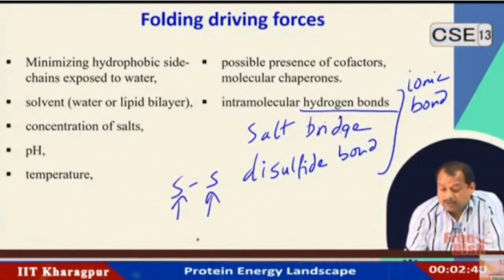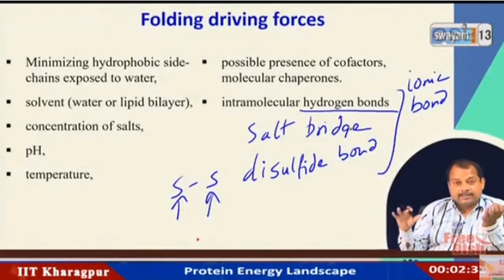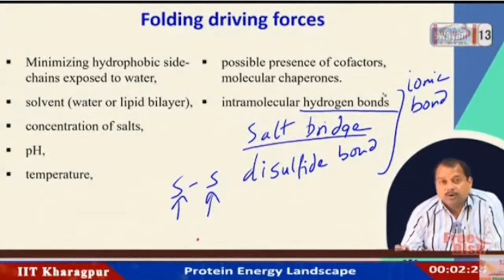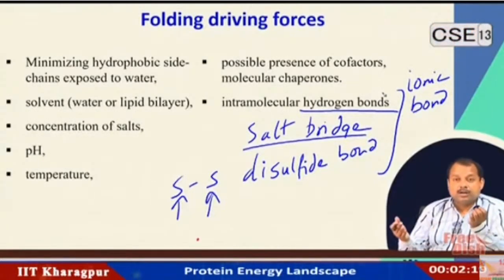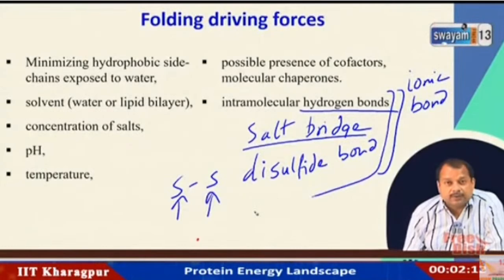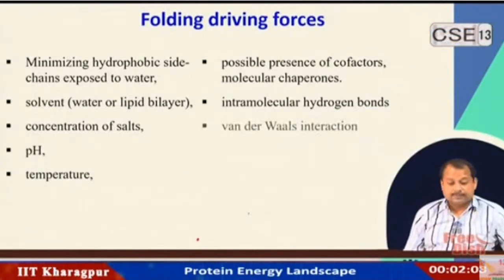But a salt bridge will form between one acid and another base. As I mentioned, acids are aspartic acid and glutamic acid, and bases are arginine or lysine. Between these there will be a salt bridge, and a hydrogen bond can be with the main chain or the side chain. Whenever there is a hydrogen donor and a hydrogen acceptor, there can be a hydrogen bond. The complete sum of these effects will also be a driving force for the protein folding process.